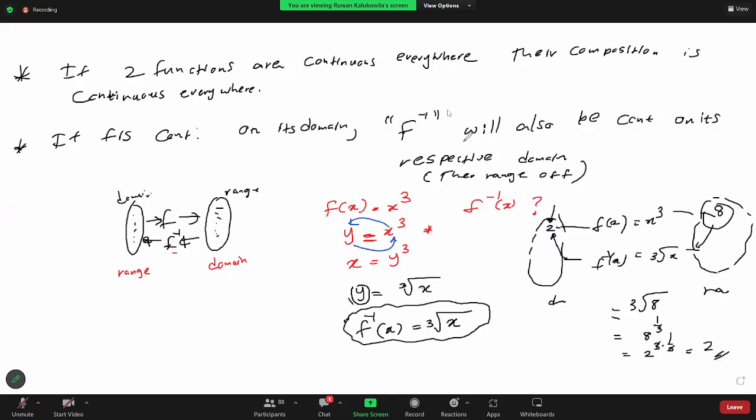So this statement says what I have explained here. If f is continuous on its domain, this one, then f inverse will also be continuous on its respective domain. Its respective domain means the range of f.